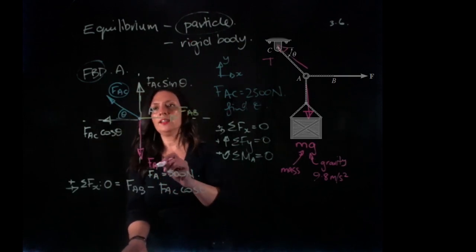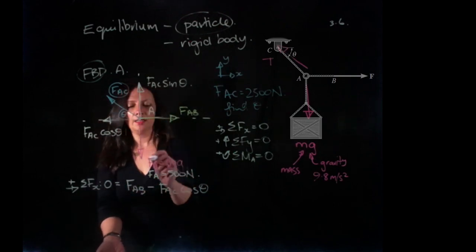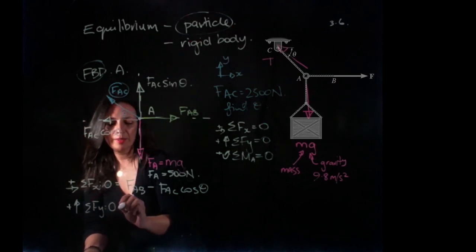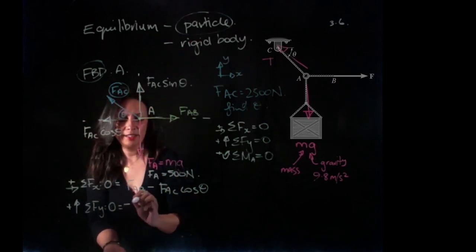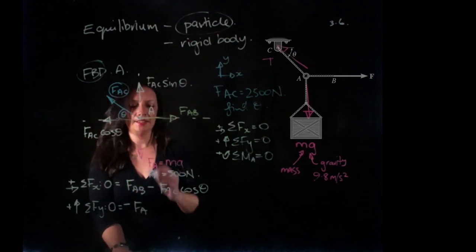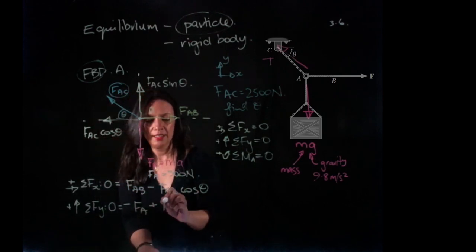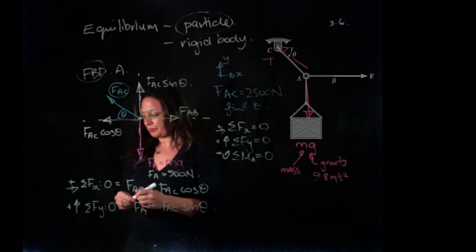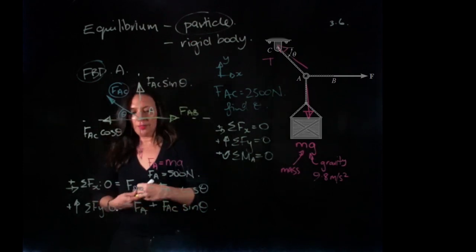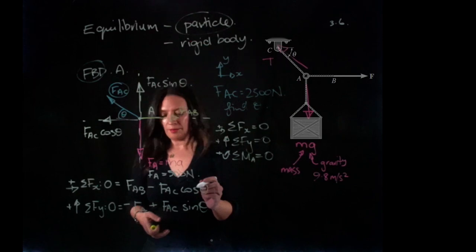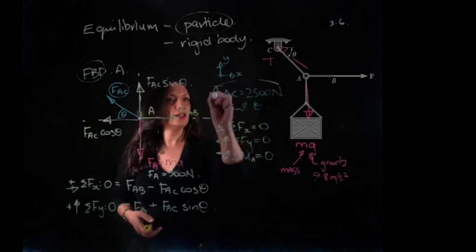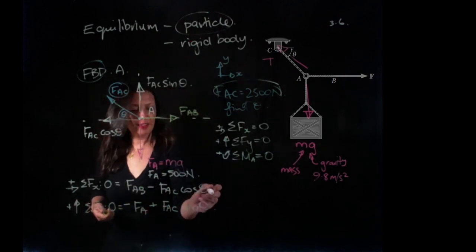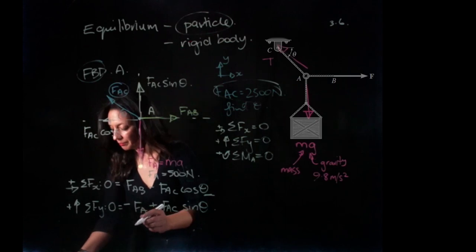In the y, sum of the forces in the y, we have FA, it's negative, and positive FAC sin theta. So if we let FAC equal 2,500 newtons, we can find theta.